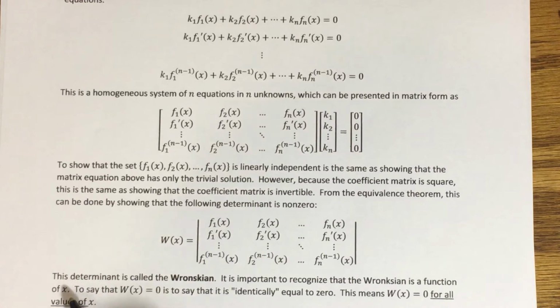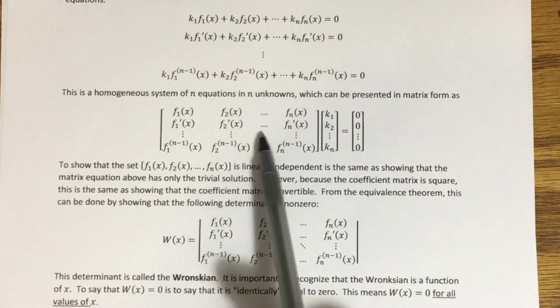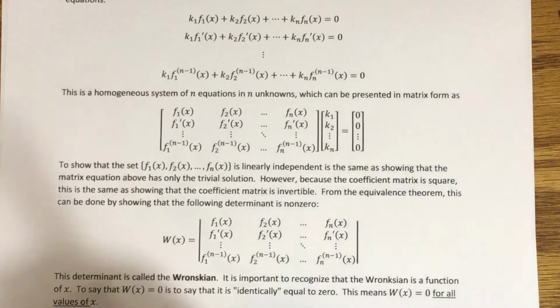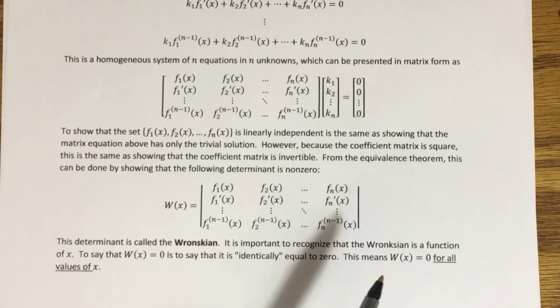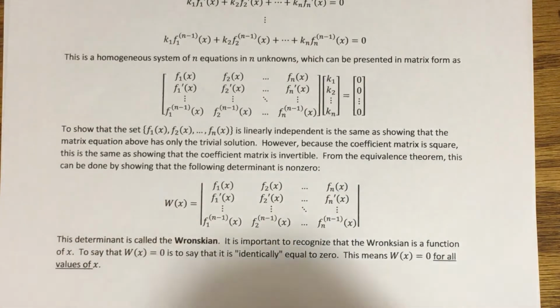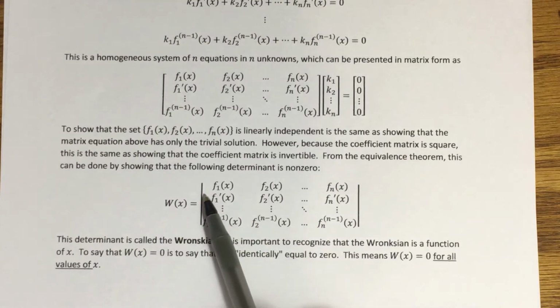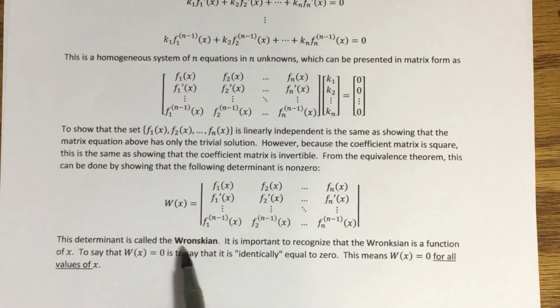Okay, so that matrix, and specifically its determinant, is very important in determining the answer to this question, linear independence or linear dependence. So we give it a special name. We call that determinant the Wronskian, which is shown right here.